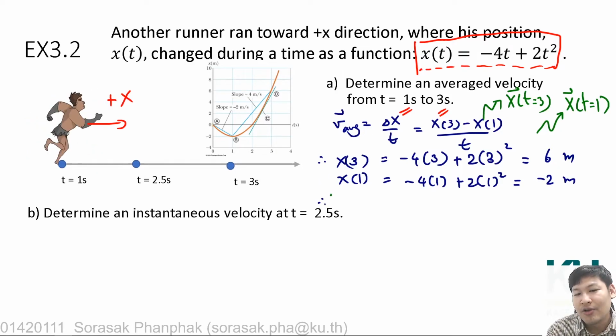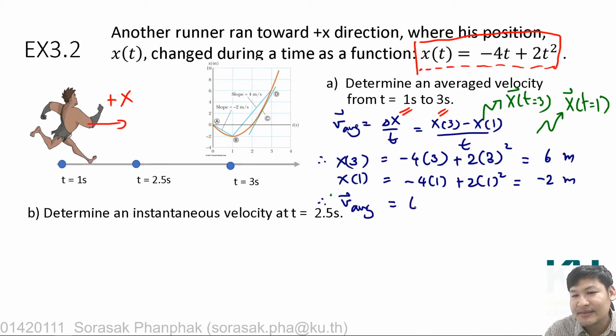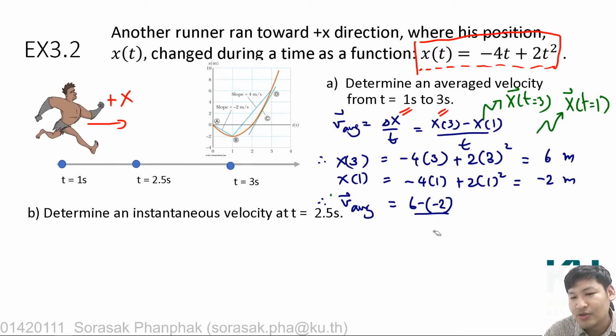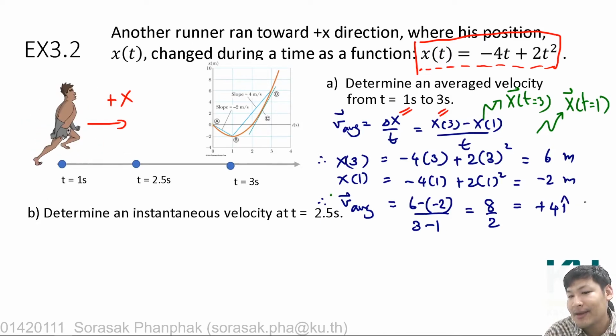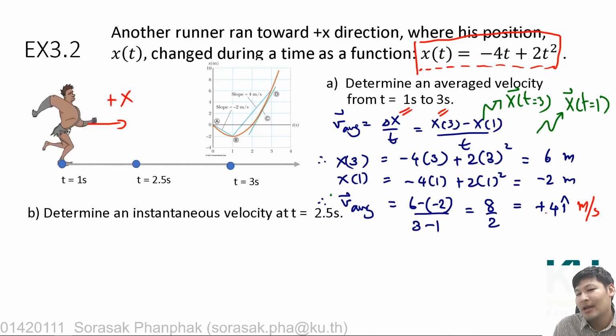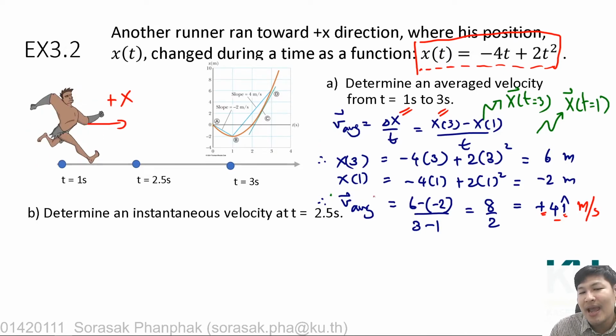So now you're going to get your final v average equal to 6 minus 2 over the time period, which is 3 minus 1. So here you got 8 over 2. So your final v average is plus 4 in the i direction in units of meters per second. So here you got the direction, vector, and the magnitude. This is your v average.